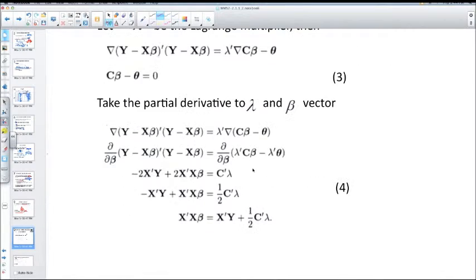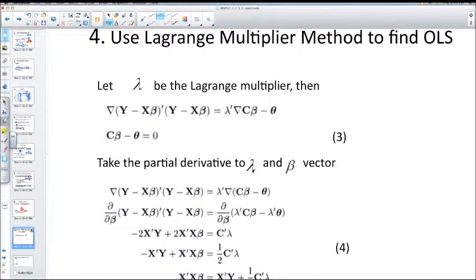We are not going to go through this based on the time, but let me remind you of the tool. The Lagrange multiplier method is pretty simple. All you need to say is the gradient of the least square objective function is proportional to the gradient of the constraint.